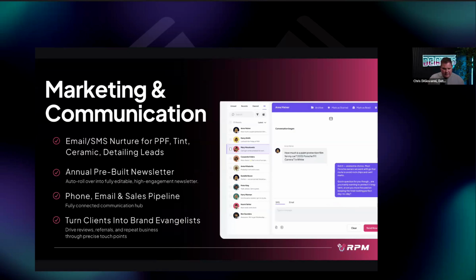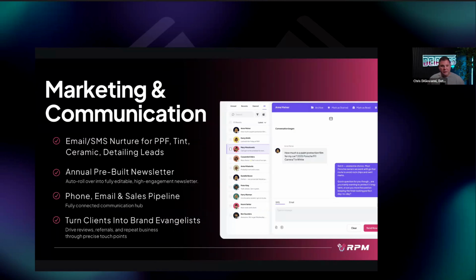What I mean by that is you could still email like you normally do, but you can email through the system, and SMS. You have pre-built systems all the way through it. The newsletter, everything's built for you. I think this is probably one of the most differentiating things about RPM. I'm not here to offer a piece of software.